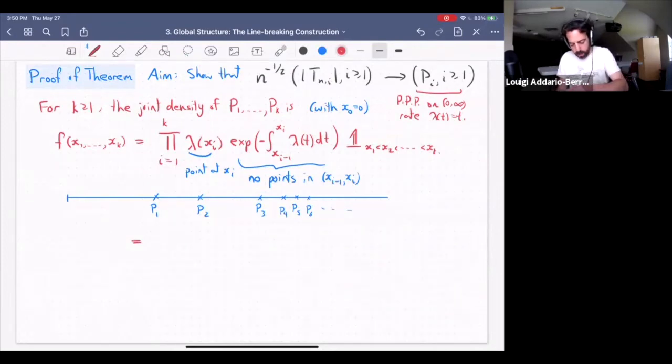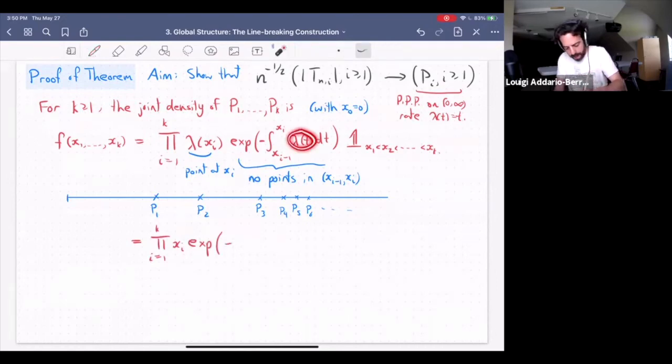But now in our particular example, we know these rates. Lambda of x is equal to x. So this is the product for i from 1 to k of xi, and then we have e to the minus the integral of t from xi minus 1 to xi, which gives xi squared minus xi minus 1 squared over 2. And then we still have this indicator hanging around.